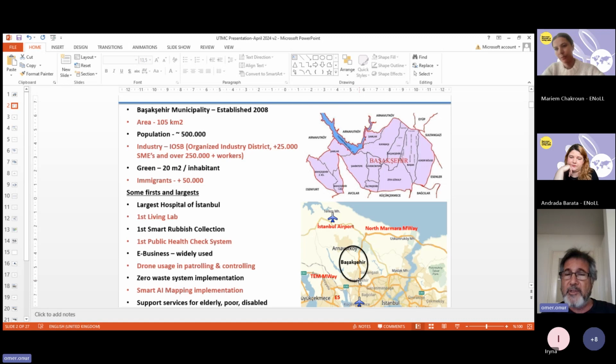And we have one of the biggest organized industrial districts in our city with around 25 plus thousand SMEs and over 250,000 workers coming to the city every day. And we are regarded as one of the green cities in Turkey. So we have about 20 square meters of green per citizen in our city.